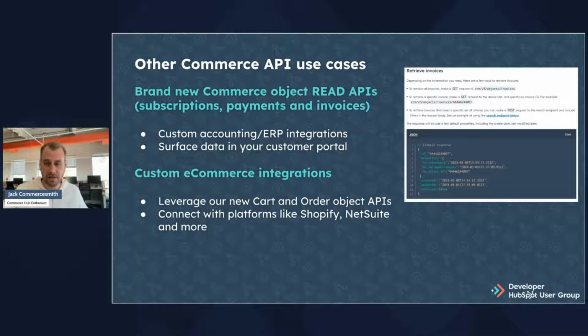There's another thing that I've seen in the chat pop up, and I have a slight feeling that this will continue to pop up in the near, medium, and long-term future. We recently released cart and order objects as well. So if you all wanted to have a little bit more jurisdiction over an e-commerce integration with HubSpot, you could indeed do so.